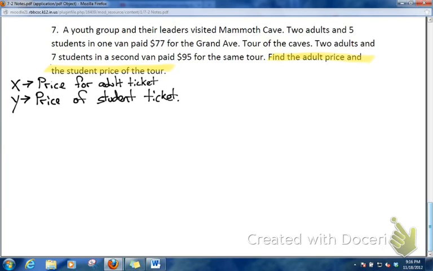And that's going to be x is the price for an adult ticket, and y is going to be the price for a student ticket. Again, assuming that they're giving them a ticket, it's really the admission price for the tour. But if you think of it as a ticket, it might make it a little bit easier. So there's what your x and y represent. Go ahead and, on your own, pause this video, try to set it up and solve, and then just check your answer with what I have here in a second.